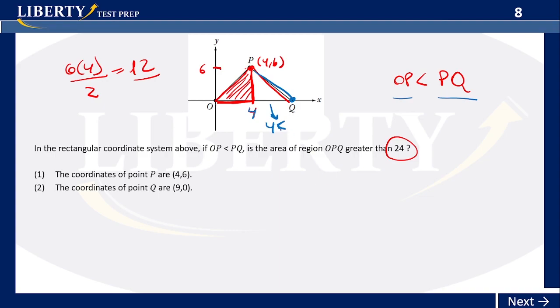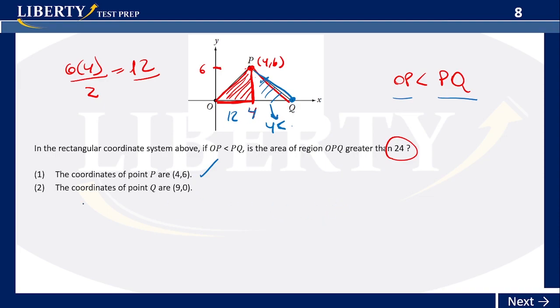If you have a base that is greater than 4 multiplied by 6, you are going to get definitely an area that is greater than 12. So with that we can say yes, the area of the whole triangle is going to be greater than 24, because we know that the side on the left is 12 and the side on the right is more than 12, the areas. So that answers it.